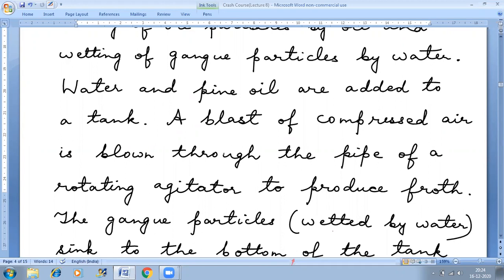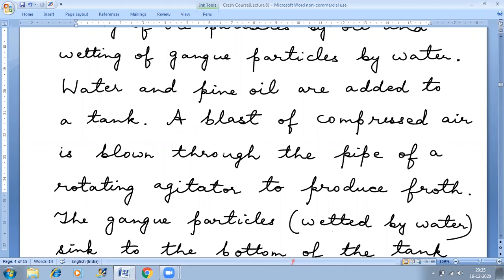Once it rotates and moves continuously, it is easier to generate froth. So air has been passed, and also the agitator is rotating. Because of the rotation of the agitator, the froth is produced faster. Froth means the bubbles.